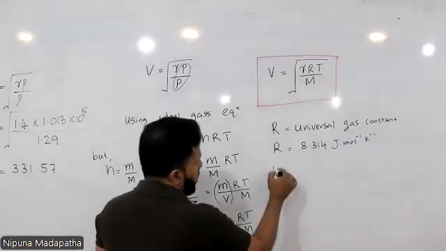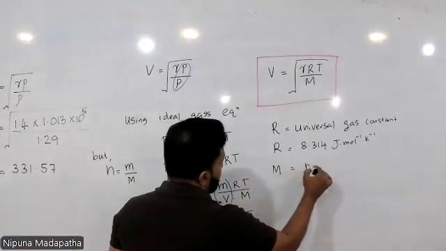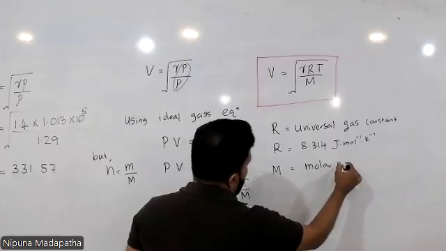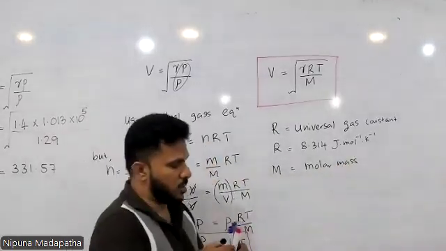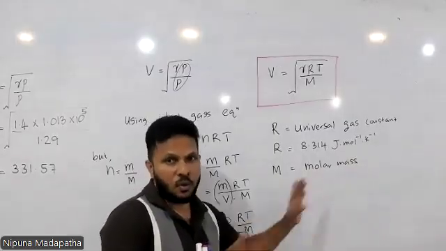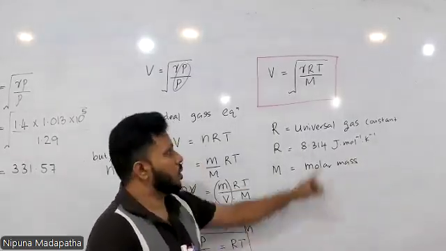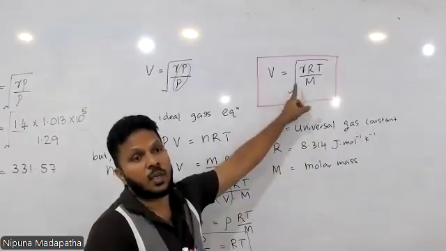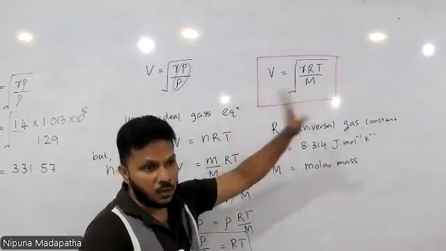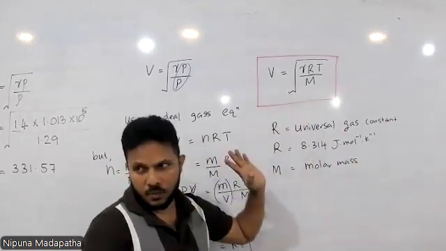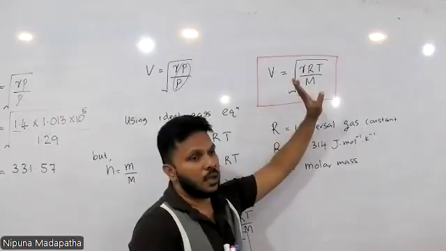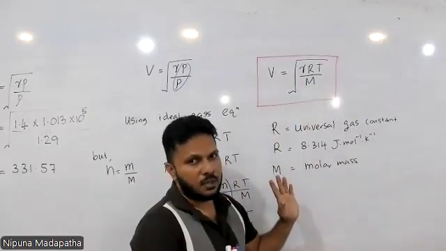What is capital M? Molar mass. Most of the time, molar mass is given in grams per mole, so you need to convert it to kilograms per mole. Temperature must be absolute temperature.